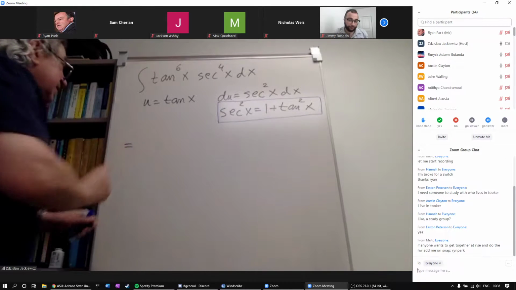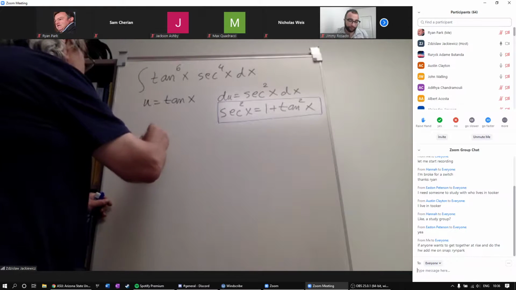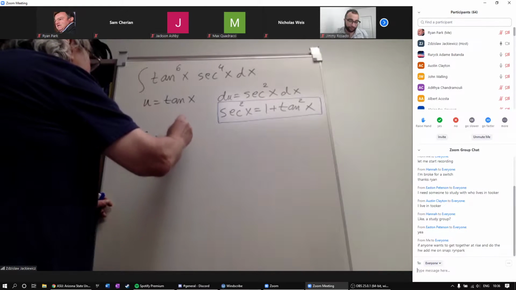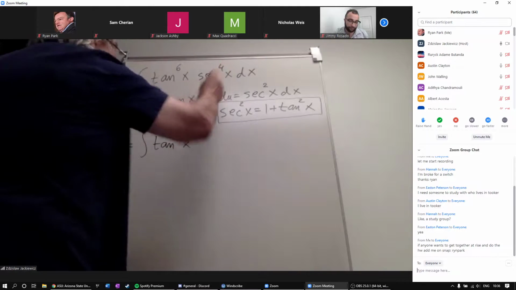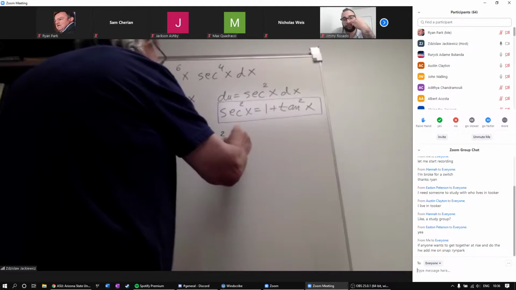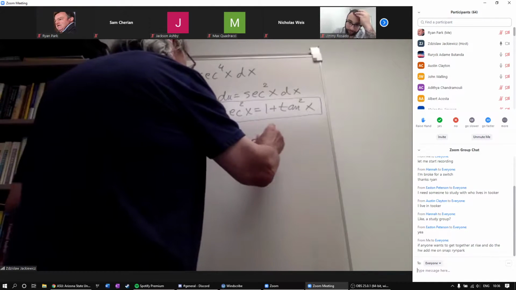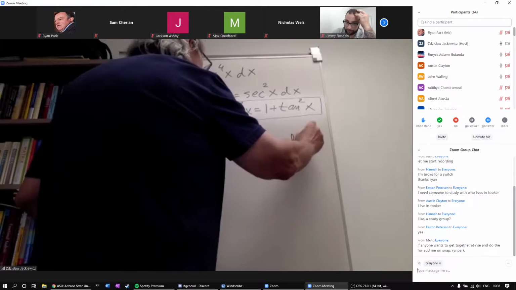Okay, so the integral becomes, let's write it like this. Tangent to the power 6, and let's split secant to the power 4 into two pieces: secant squared x times secant squared x dx.